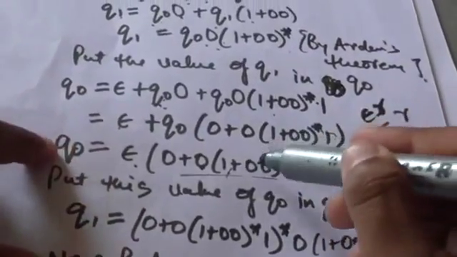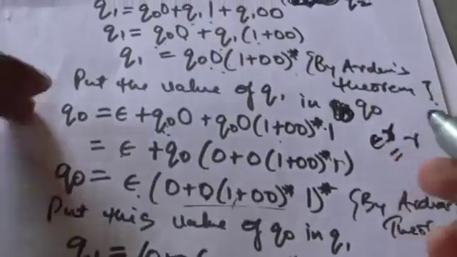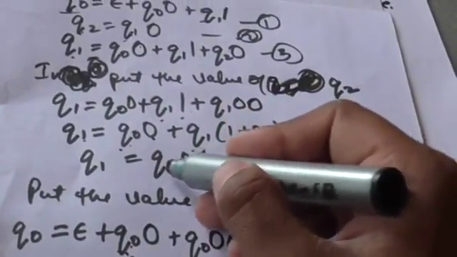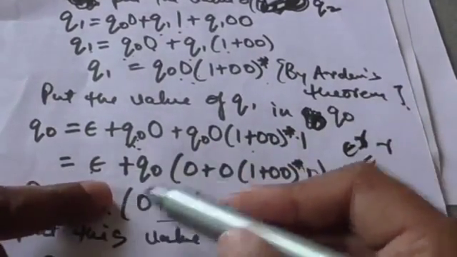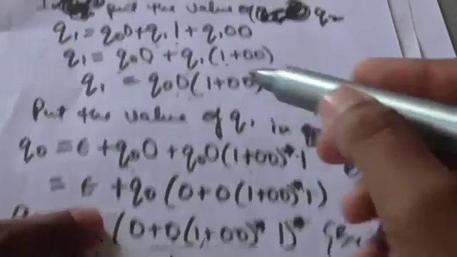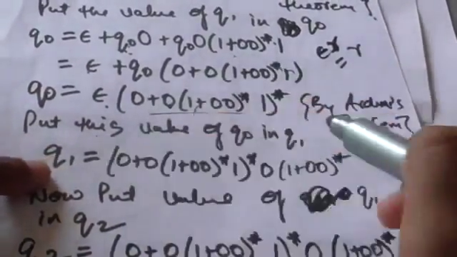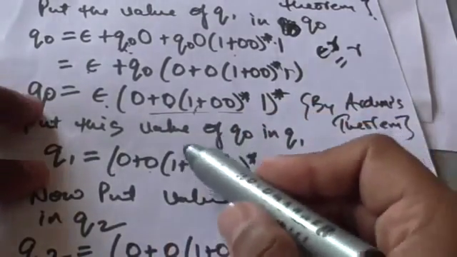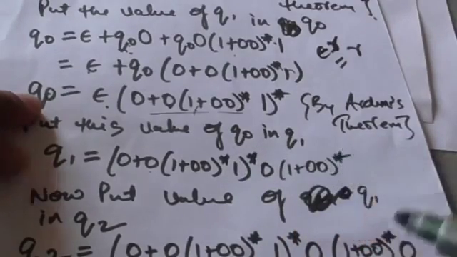Now put this value of Q0 in this equation Q1, after removing this empty string. What will we get? We will get Q1 equals (0 plus 0 (1 plus 00) clean 1) clean 0 (1 plus 00) clean.